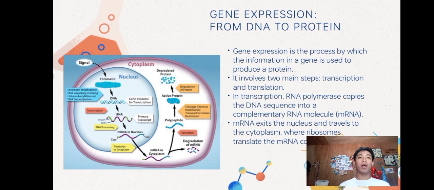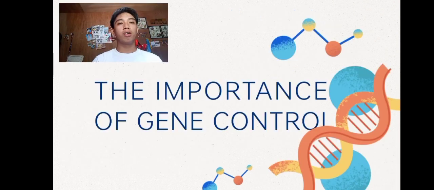So overall, gene expression involves the transcription of DNA into mRNA in the nucleus, processing of mRNA, and the translation of mRNA into protein in the cytoplasm. So let us now proceed to the importance of gene control.